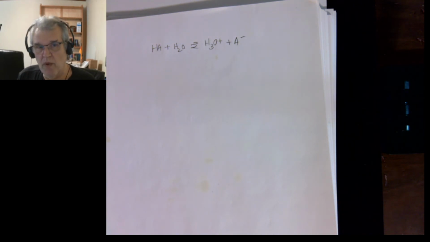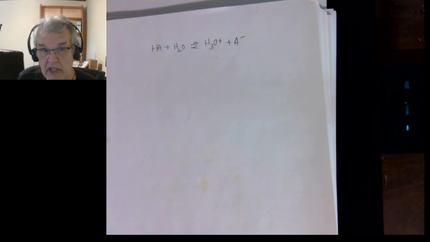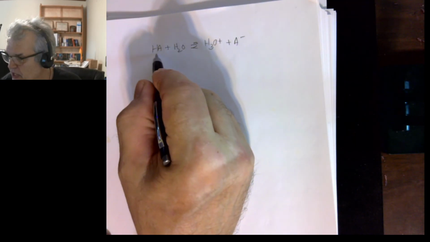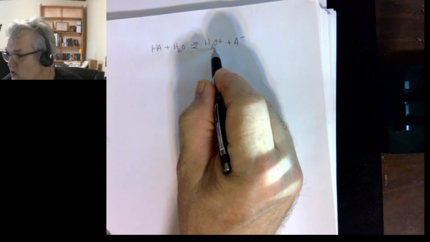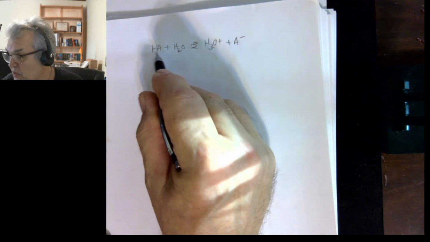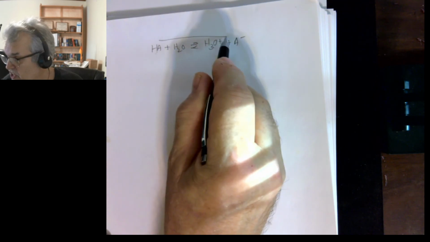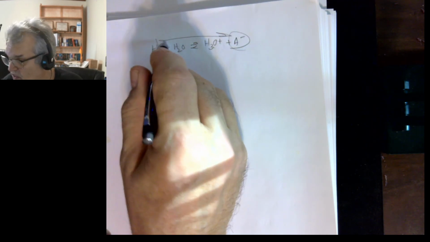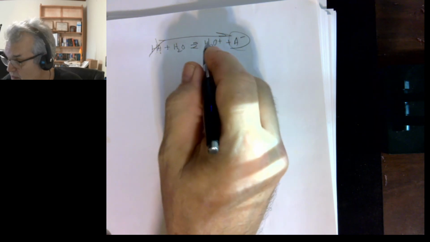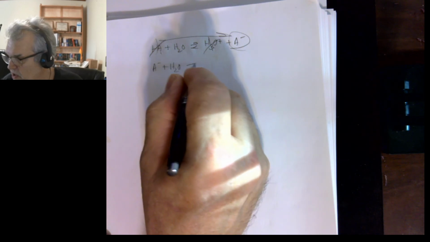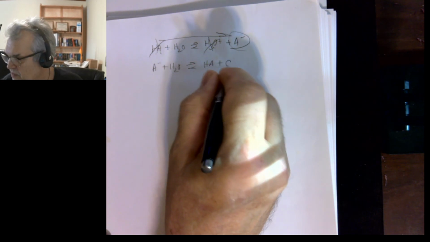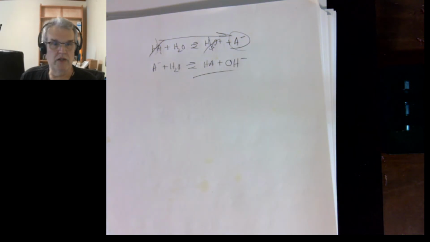So the equivalence point is when an equal number of millimoles of NaOH has been added as there were millimoles of HA present. That means I've removed the same number of millimoles of H3O plus as there were HA. All of it shifts over to form A minus. This goes away. My solution then becomes A minus plus H2O gives me HA plus OH minus, a basic solution.